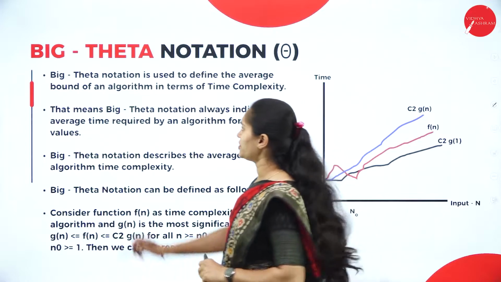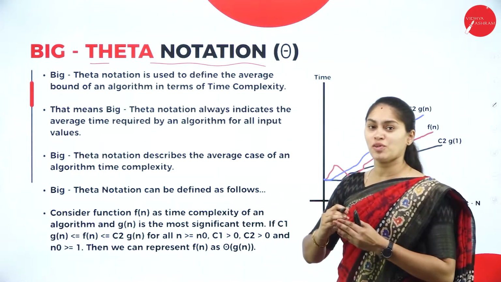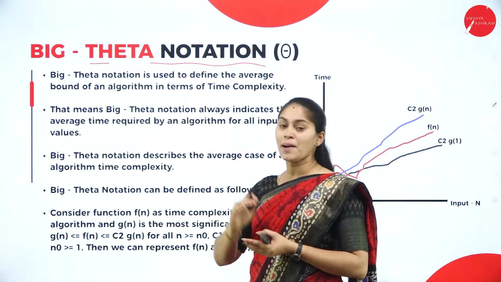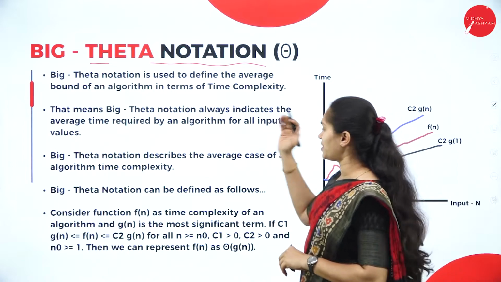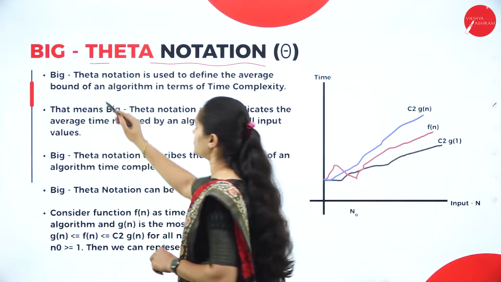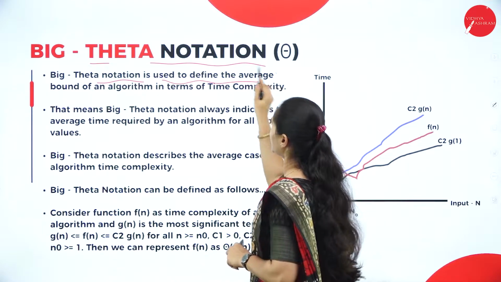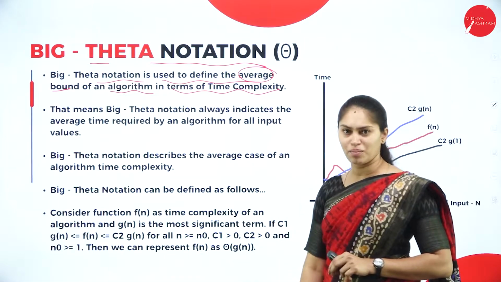Now we'll see about the big theta notation. We now know which notation gives the worst case and which gives the best case. Then which gives the average case? That is what we can understand with the help of the big theta notation. Big theta notation is used to define the average bound of an algorithm in terms of time complexity.